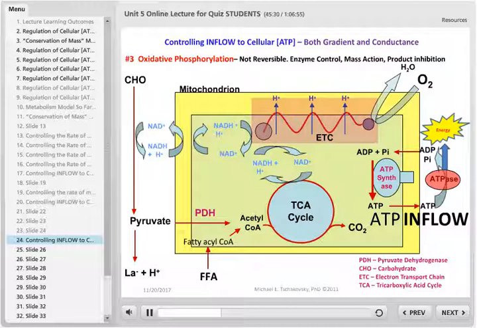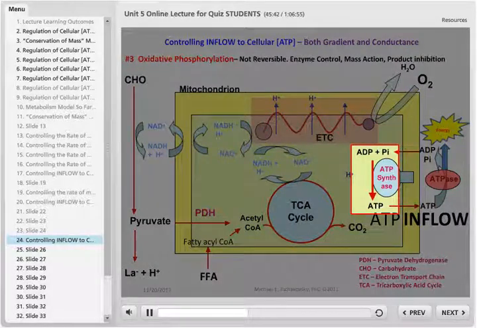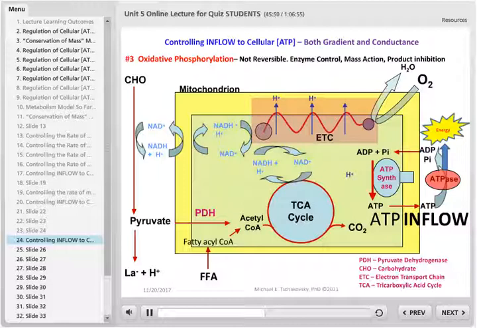So again, recognizing that ultimately we have to have hydrogen ion flow back through the ATP synthase, and that provides the energy that can then be stored in the phosphate bond. You have ATP. So there's this pumping of hydrogens out to where they can flow back in.